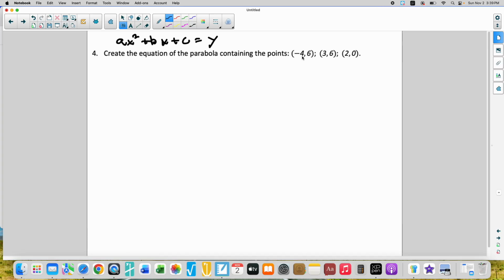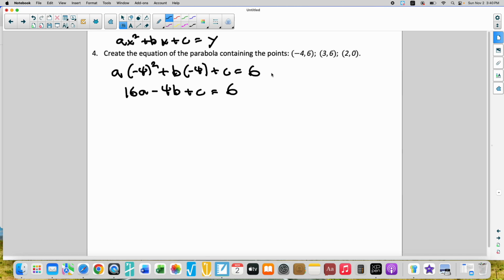So we're given x and y. So a times negative 4 squared plus b times negative 4 plus c equals 6. And we can simplify this. This gives us 16a minus 4b plus c equals 6. And we're going to use this equation a little bit later.